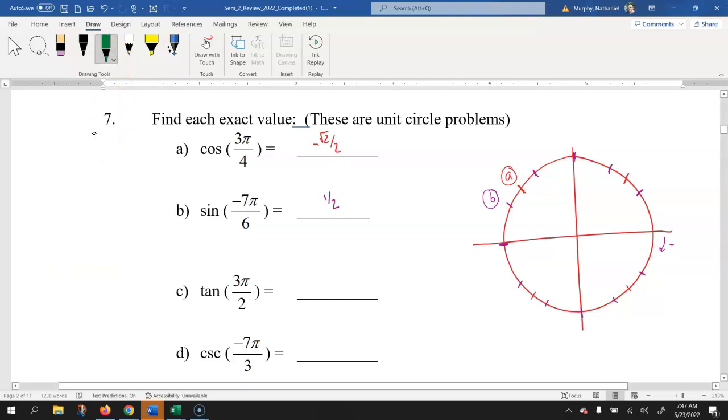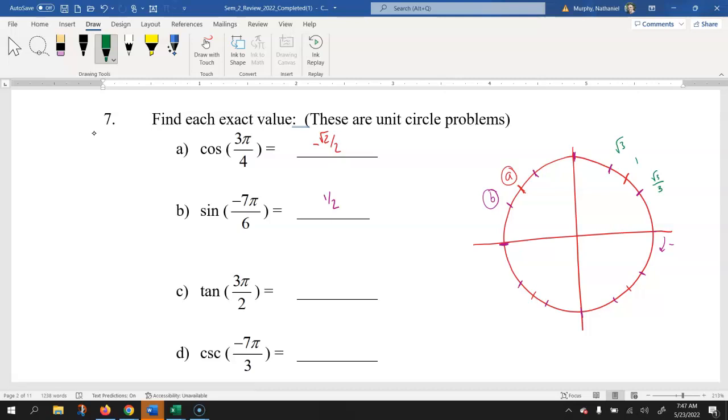All right, let's do the tangent of 3 pi over 2. Now remember, I want you to memorize that in quadrant 1 here, at this spot, tangent would be square root of 3. This is where tangent would be 1. This is where tangent is square root of 3 over 3. And at 3 pi over 2, that's down here.